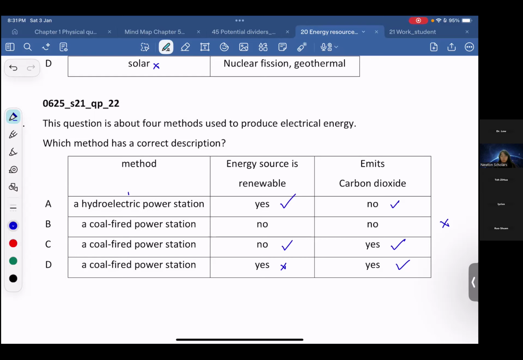I didn't type anything wrong. It has two answers.